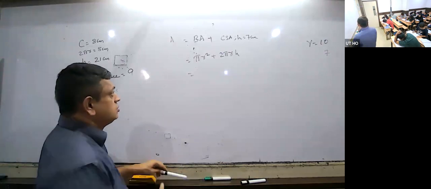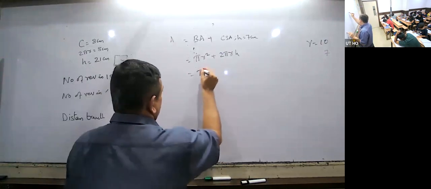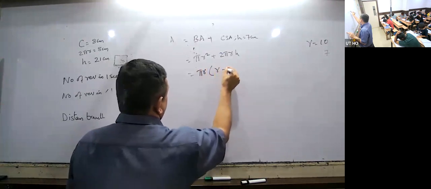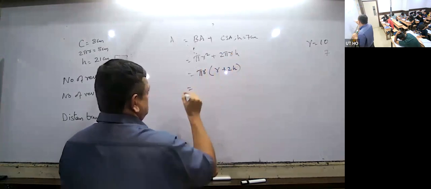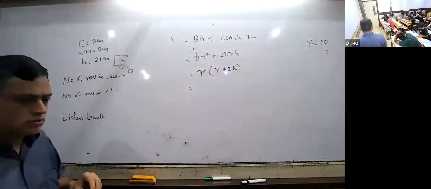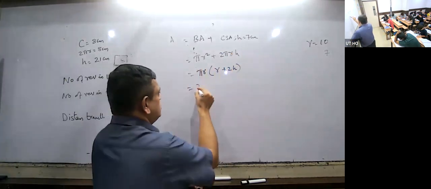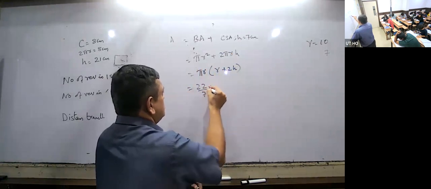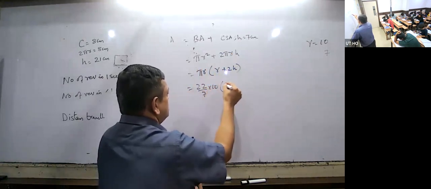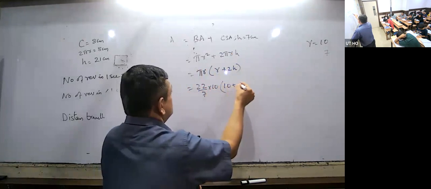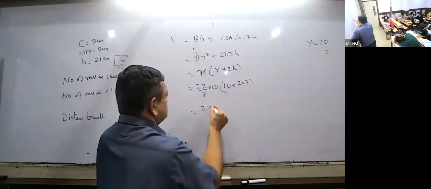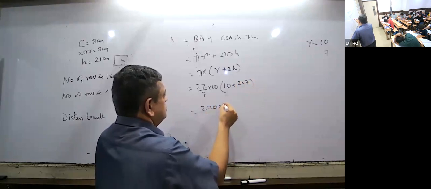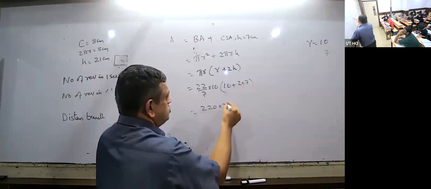If you want, I'll show one more method. Take pi r as common. So what is it? r plus 2h. r is 10. Have you seen? Pi r you can take common. So 22 by 7 times 10 times 10 plus 2 times 7, which is 24.